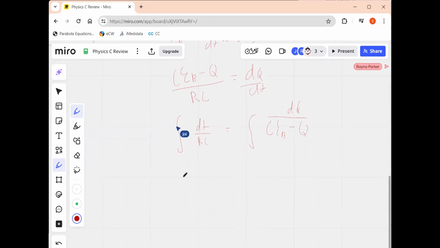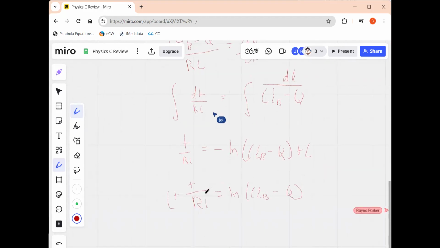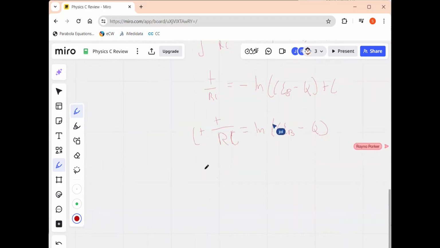Then when you integrate that, it's t over RC equal to negative, plus c. Never forget your plus c. So negative t over RC plus c equals ln of capacitance EB minus Q. And then we exponentiate it.